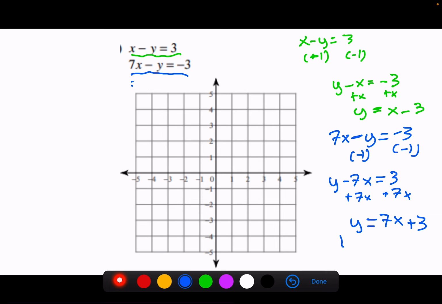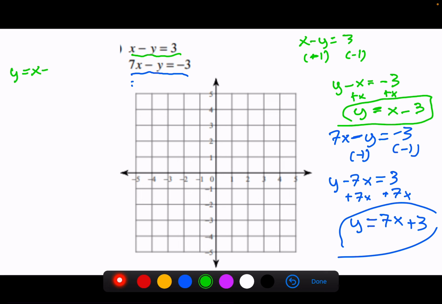So let me go ahead and circle these two, and let me write them here. Now I can finally go ahead and graph those.